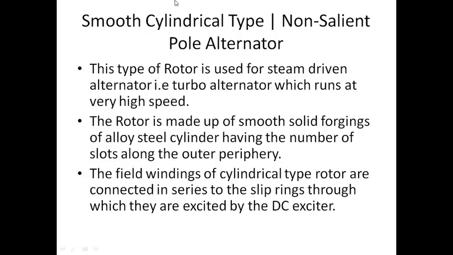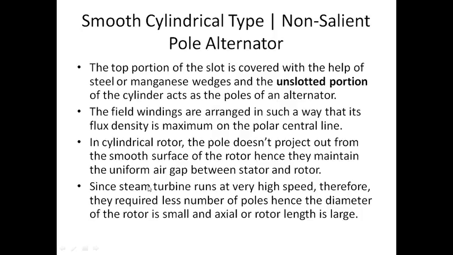non-salient type alternator. The rotor is made up of smooth solid forgings of alloy steel. Again, this is your construction. The top portion of the slot is covered with the help of steel or magnetic wedges. The rotor is different when compared to my DC generator, right? So I'm going to concentrate much on my rotating part.